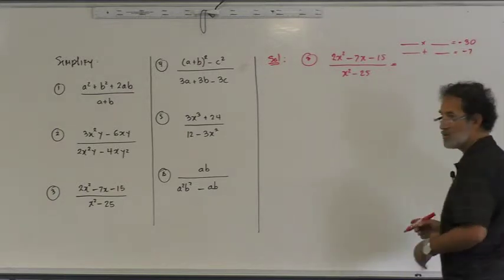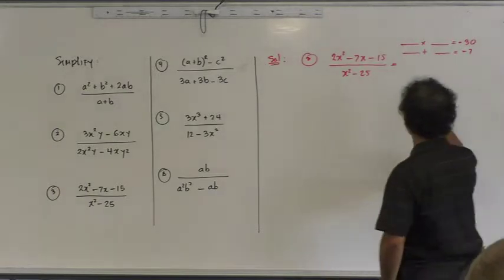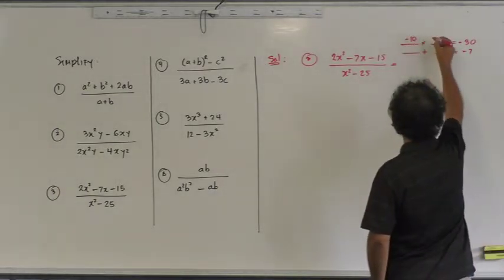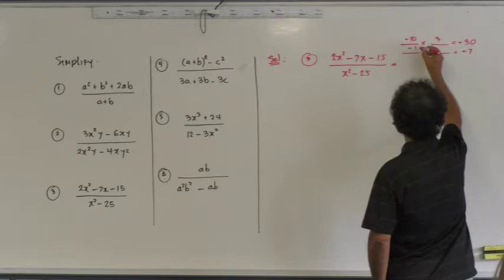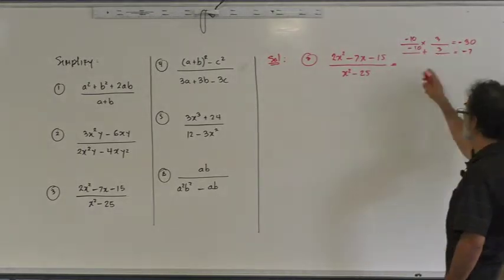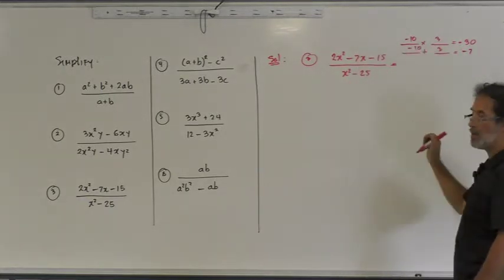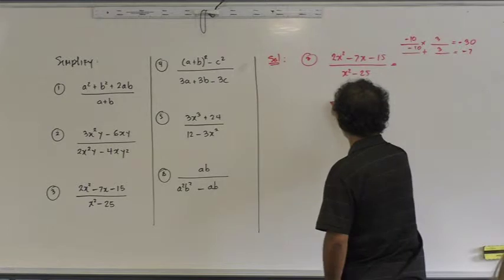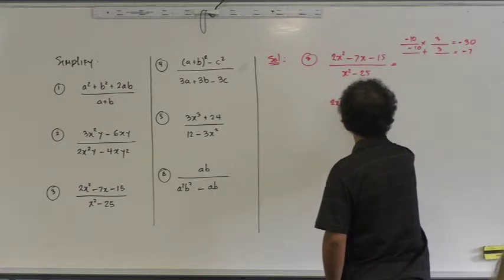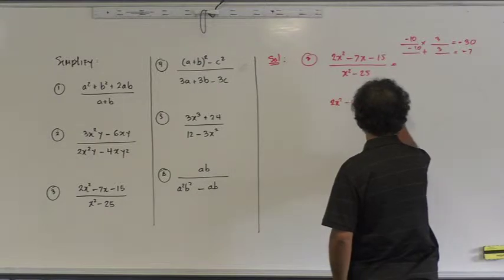Find negative 10 and positive 3. Excellent. So we're going to break up the middle term, negative 7x, into these two numbers. We rewrite this as 2x squared minus 10x plus 3x minus 15.